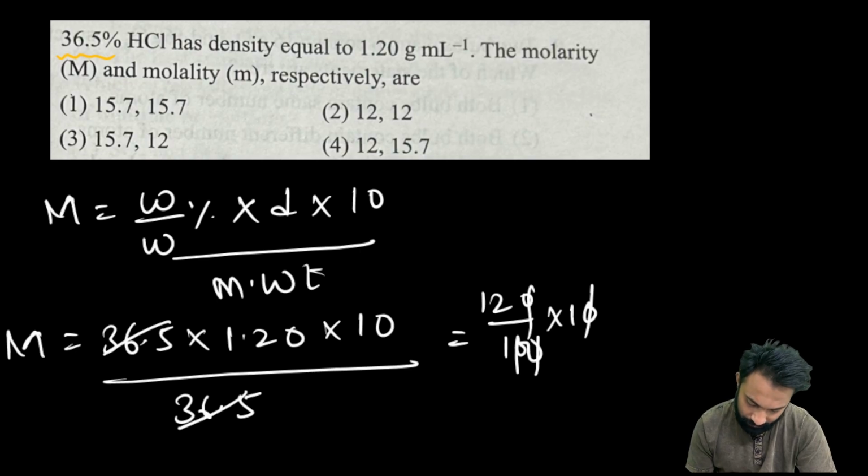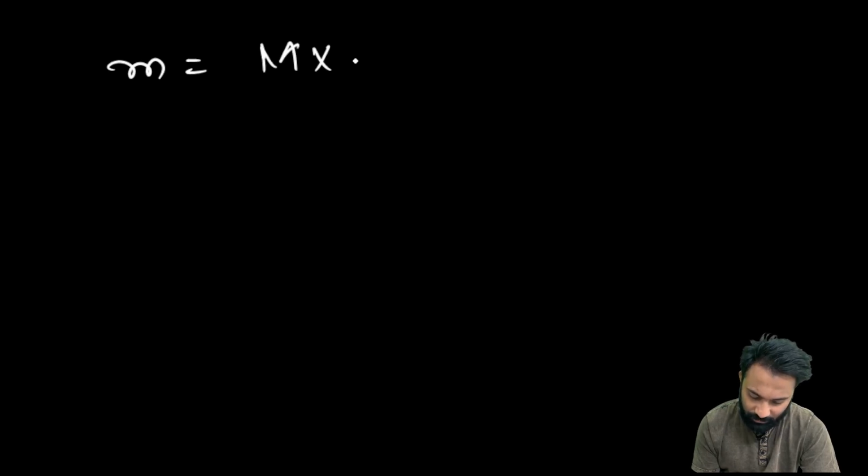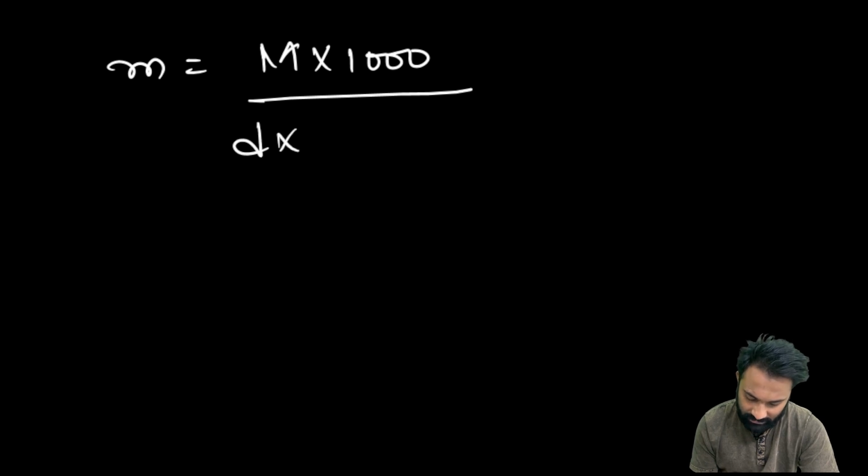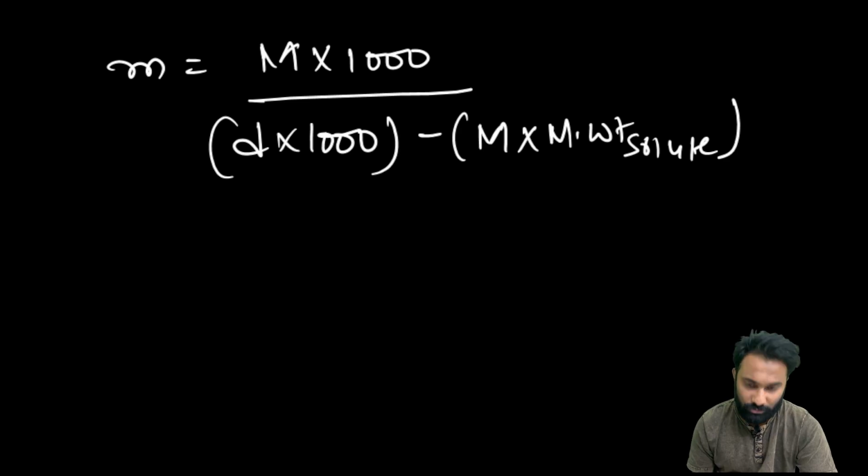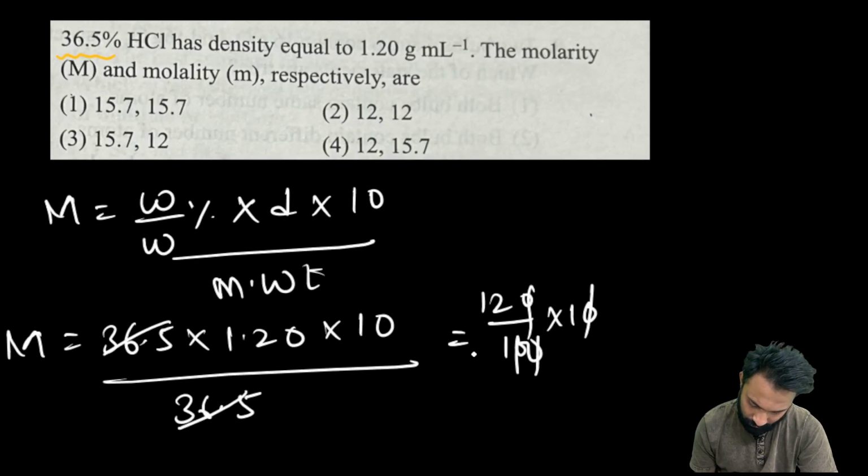Next, he is asking the molality, right? For that we have one beautiful relation. Molality is equal to molarity into 1000 by density into 1000 minus molarity into molecular weight of solute. Molarity, how much did we get? 12, right?